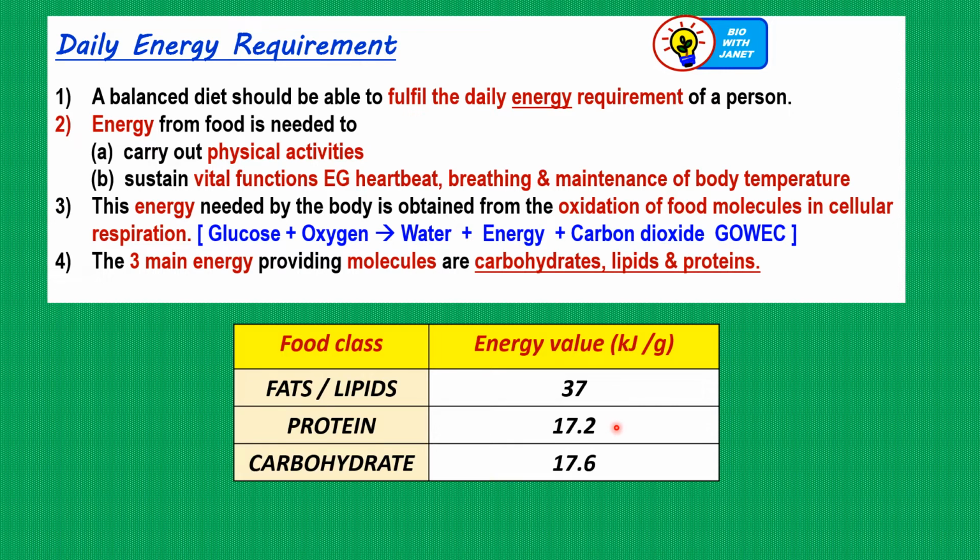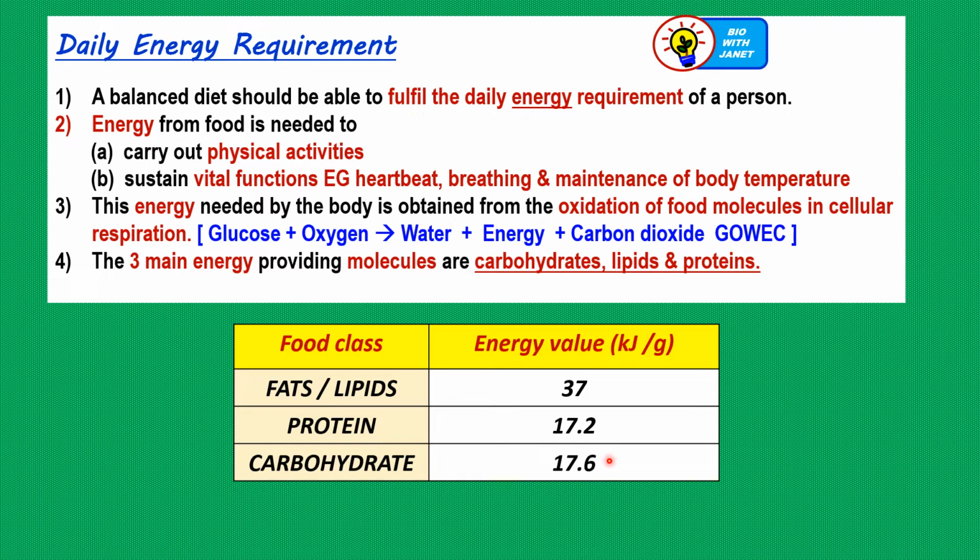And for carbohydrates, this is the next food class that produces the second highest energy value, 17.6. And protein is quite near compared to carbohydrates, 17.2 kilojoules per gram of pure protein.